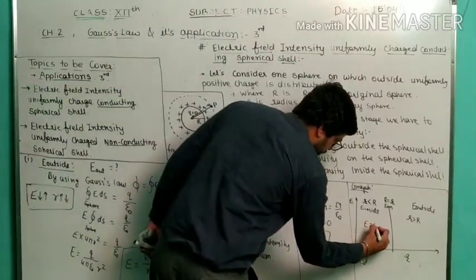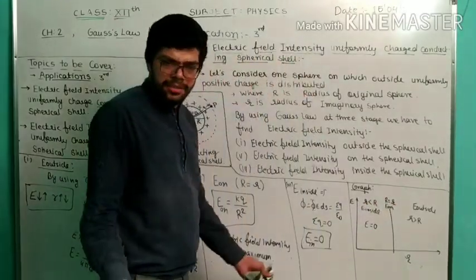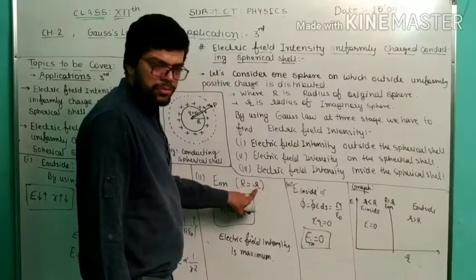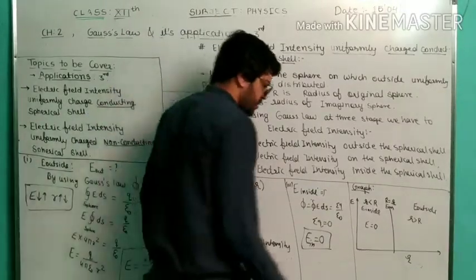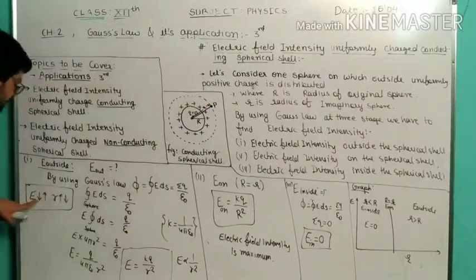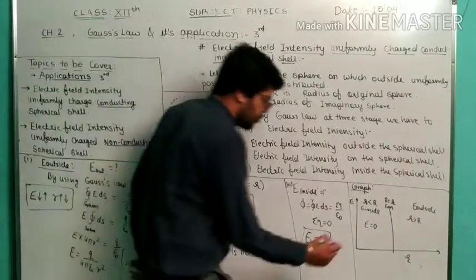We can write E is equal to 0. And this is the maximum condition, where the electric field is maximum because the electric field does not depend on small r, the imaginary radius. But outside, as the radius increases, the electric field decreases. So the graph is like this.